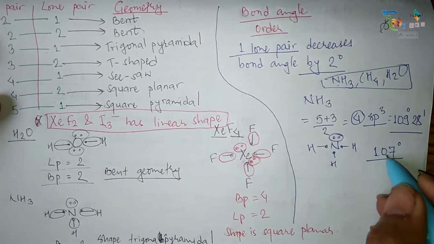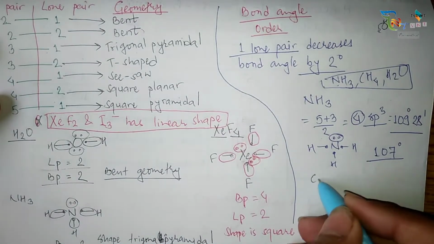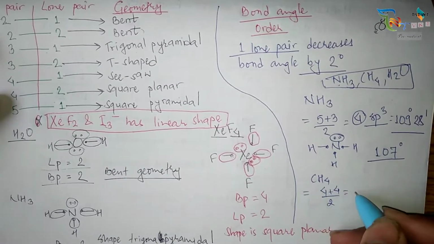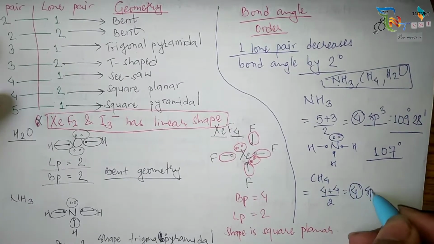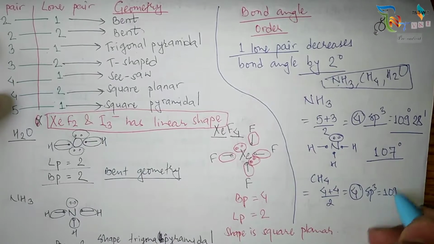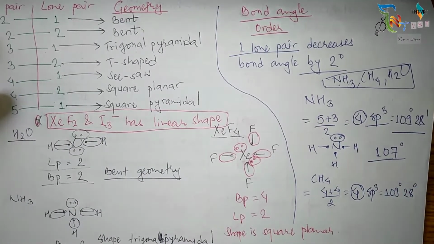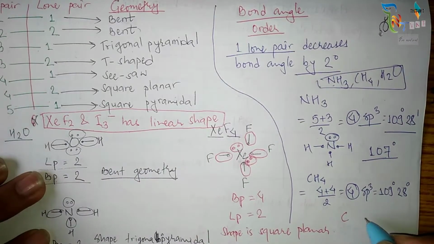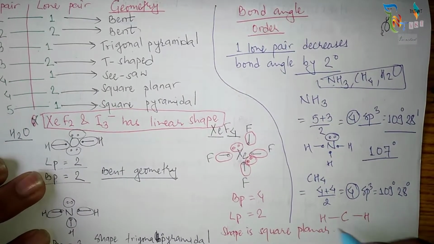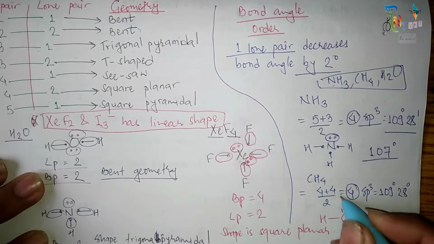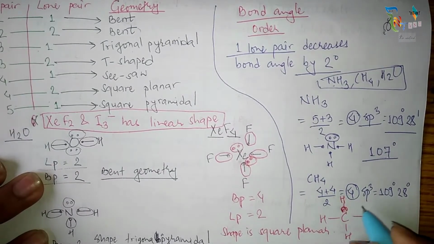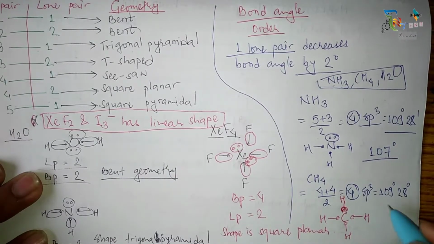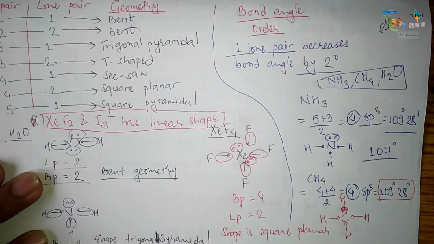First NH3, which comes to about 107 degrees. CH4: 4 plus 4 divided by 2 is also 4, sp3, 109 degrees 28 minutes. The number of valence electrons in carbon is 4, and it is completely hybridized, so no lone pair and the same angle, 109 degrees 28 minutes.